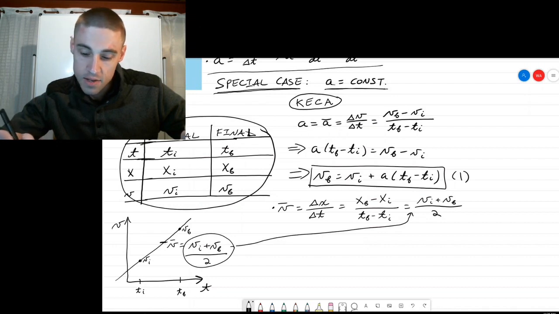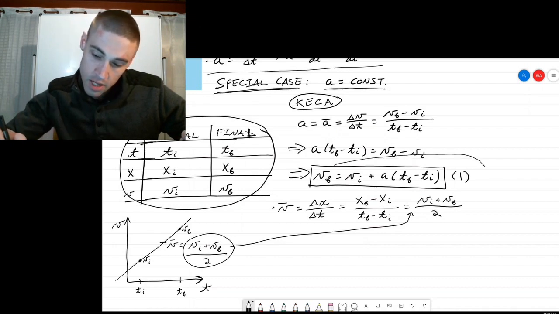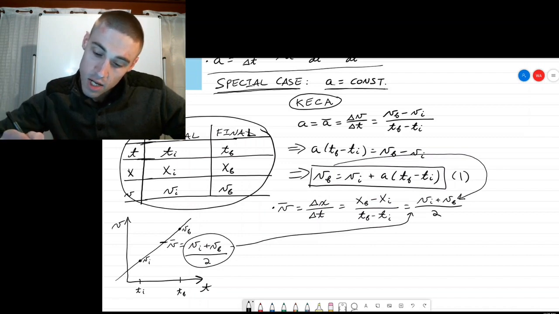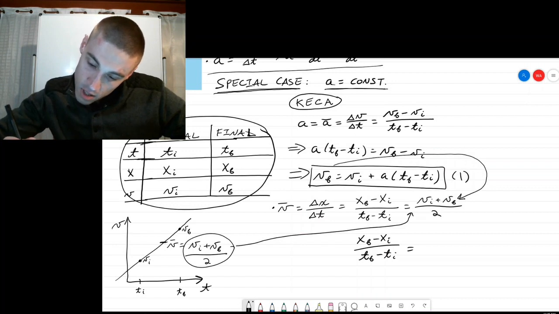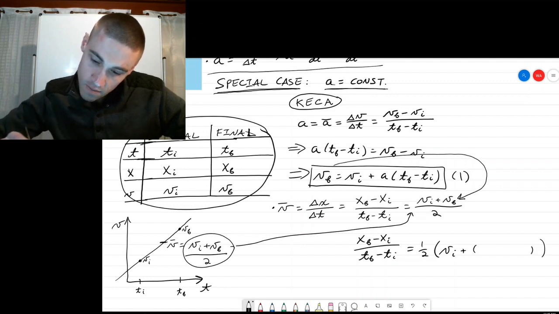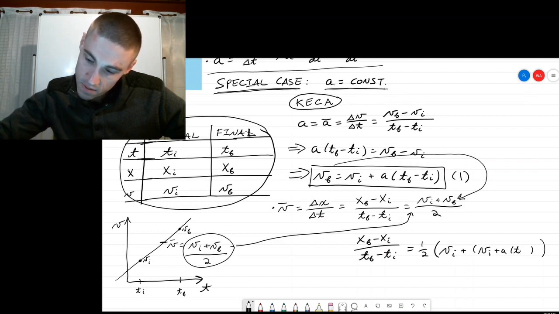Then I can plug in the final velocity that we derived in equation 1, and I would come out with x final minus x initial over t final minus t initial equals 1/2 times v initial plus v final, where v final is v initial plus acceleration times t final minus t initial. Okay.